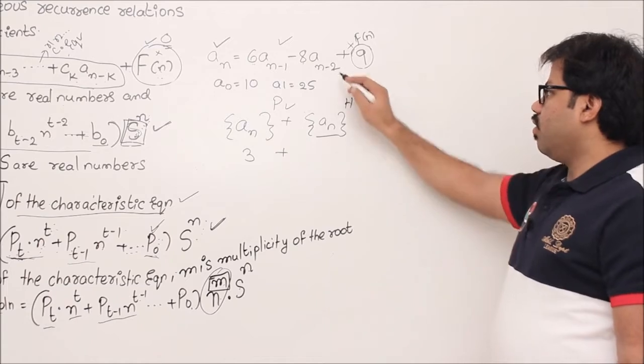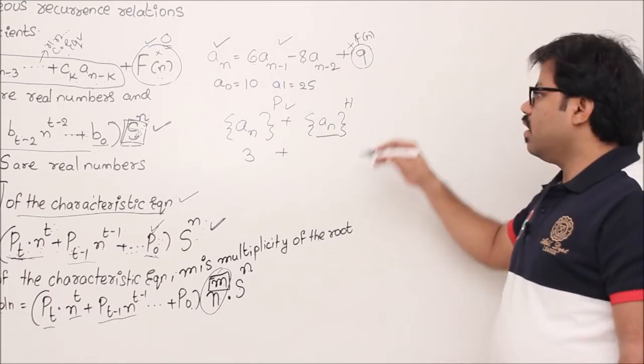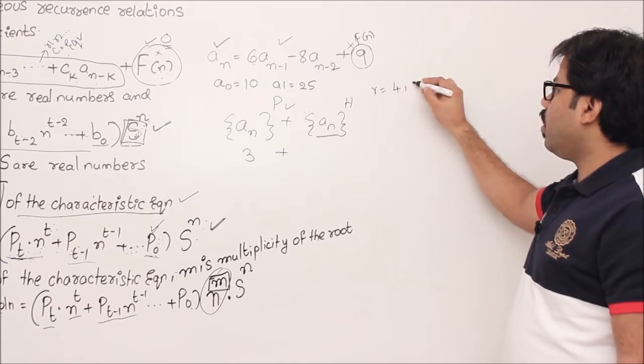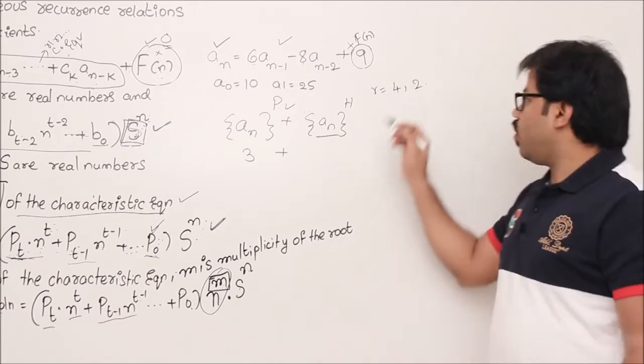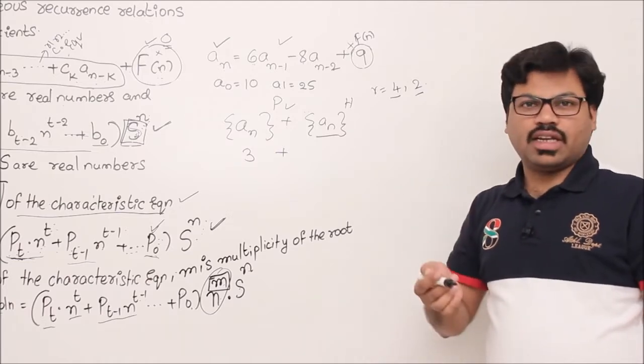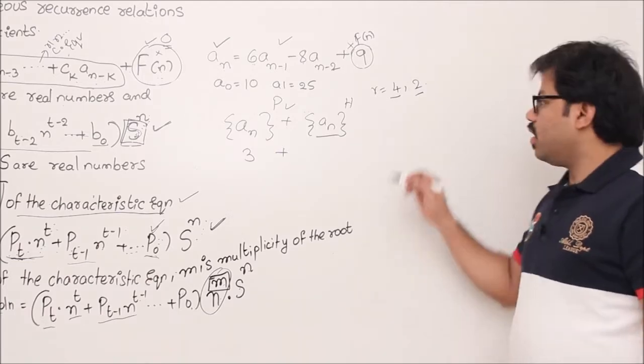How to find the solution for a homogeneous recurrence relation? That will be using the characteristic equation, correct? Since the characteristic equation has roots 4 and 2, whenever you have roots 4 and 2, please recall the homogeneous recurrence solution.